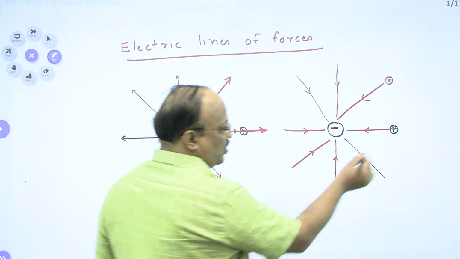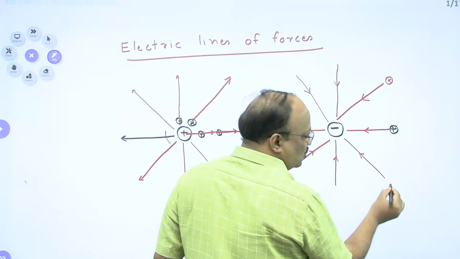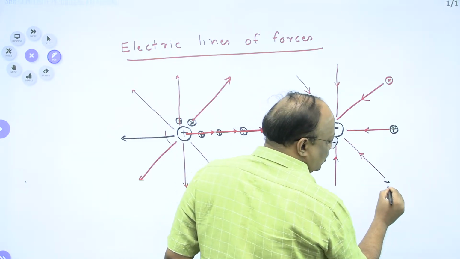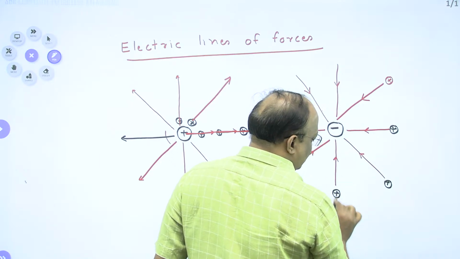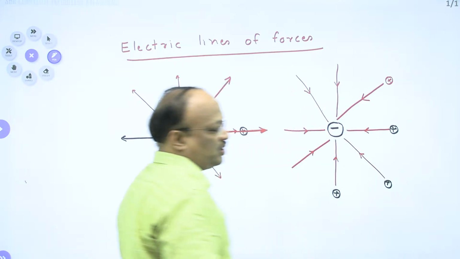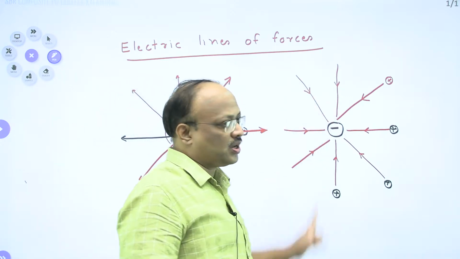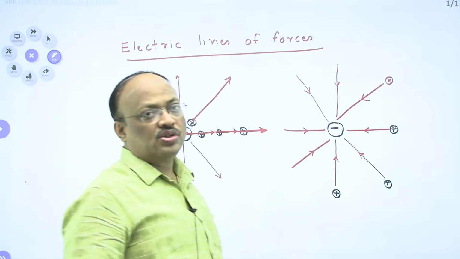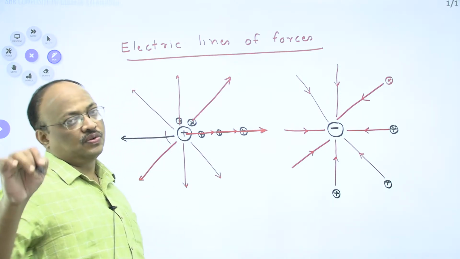So this arrow, because it will be attracted. This positive charge starts to move towards it. If this is the positive charge, it starts to move towards it. The path along which the positive charge travels will be our electric line of force.